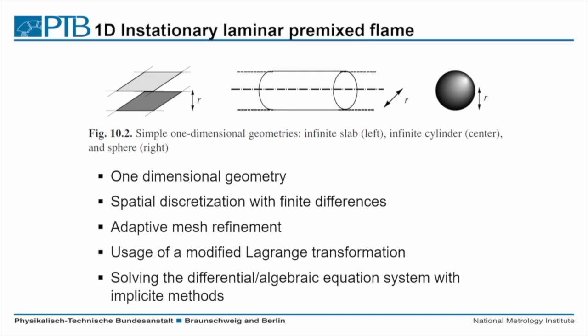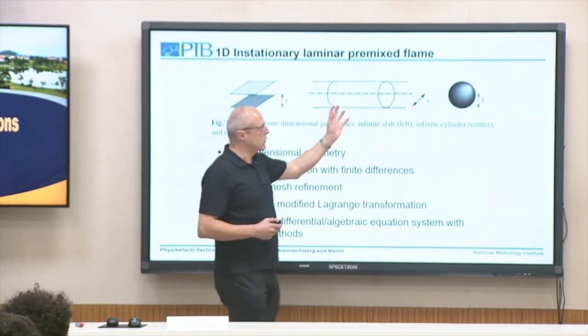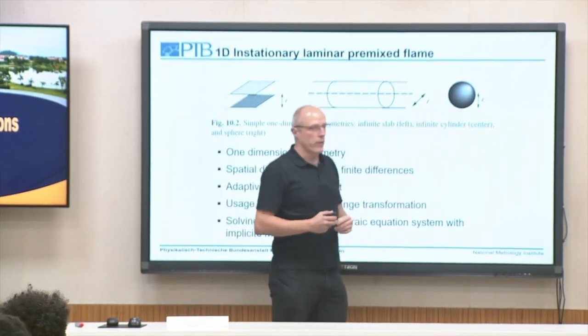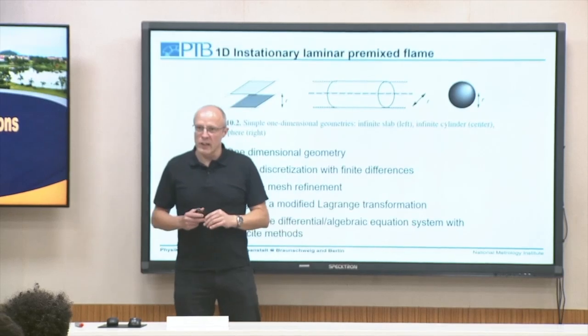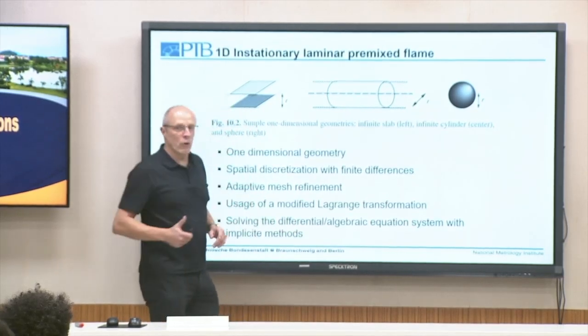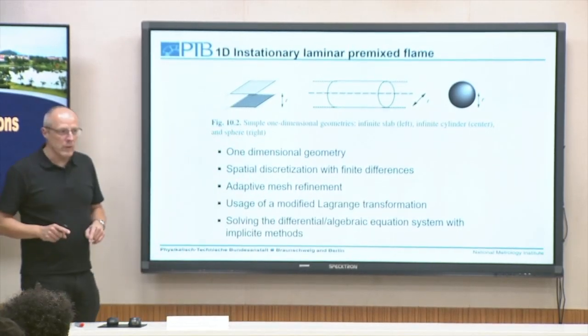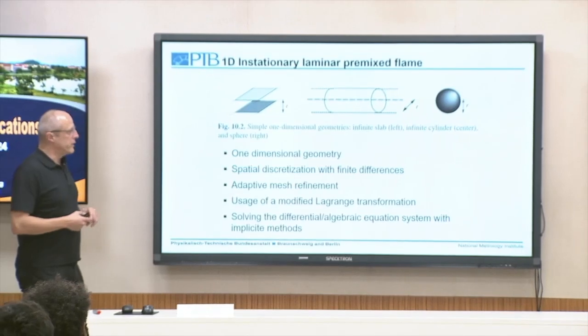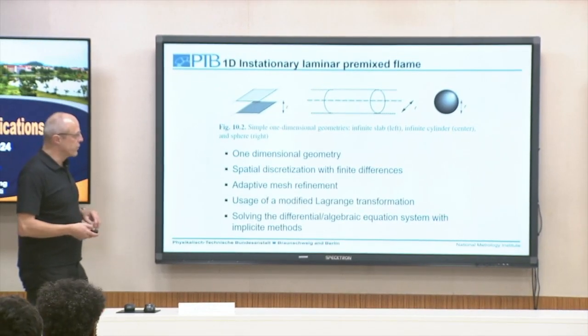So here we have dependency only in this direction, and along this surface there are no spatial dependencies. And we also can transfer to spherical coordinates. The same, we have dependency only in one direction and have no dependencies along the surface of this sphere.